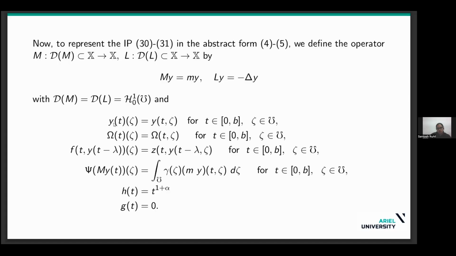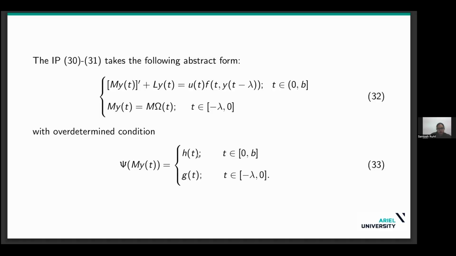And we have the following representation of the variables or the parameters that we have taken. Here we can see that we have suppressed the space variable, and we will consider only y(t), and similarly for all other things. And for that we have the following abstract formulation of our considered partial differential model. So here we can see that this problem looks exactly like the degenerate case in our original problem.